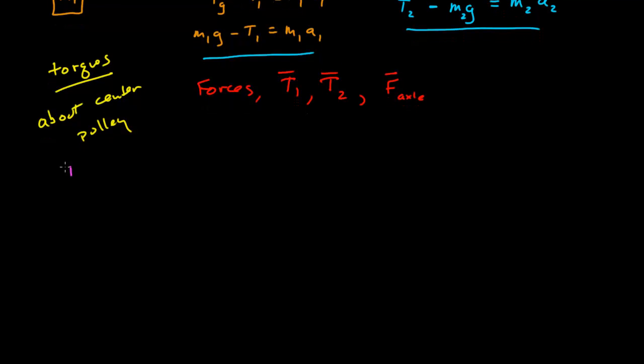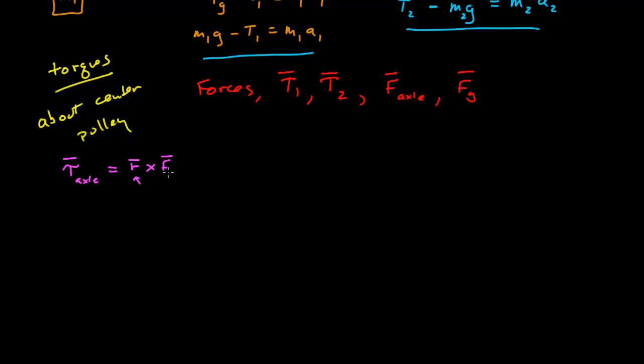So the torque for the axle is equal to R cross F, where R is the vector from the axis of rotation to where the force acts. Thankfully, I forgot, there's also the force due to gravity on the pulley, of course.